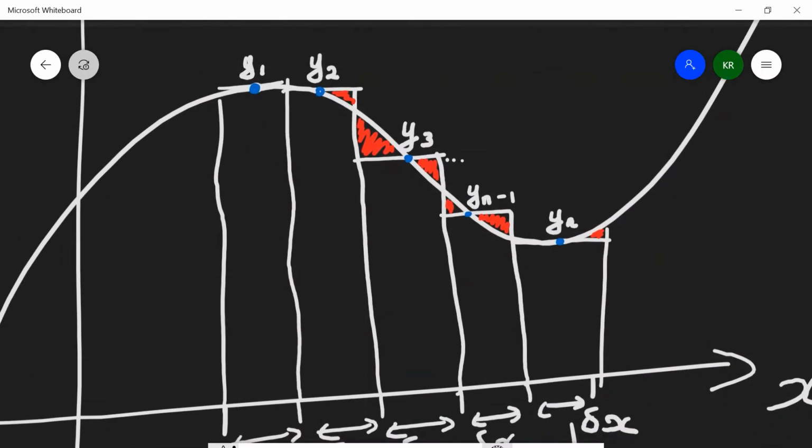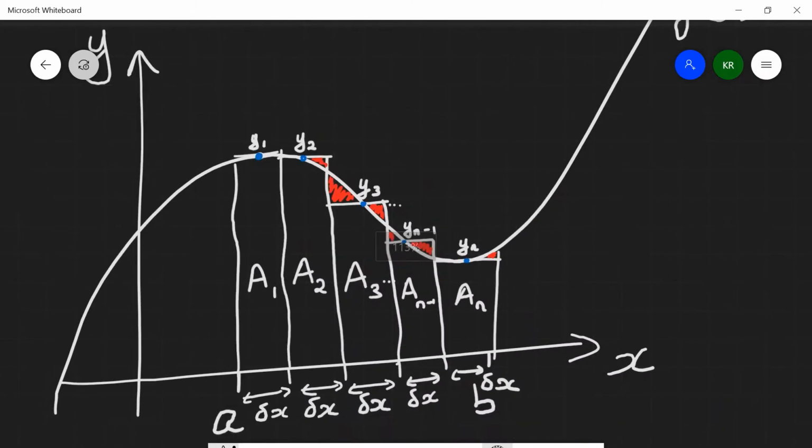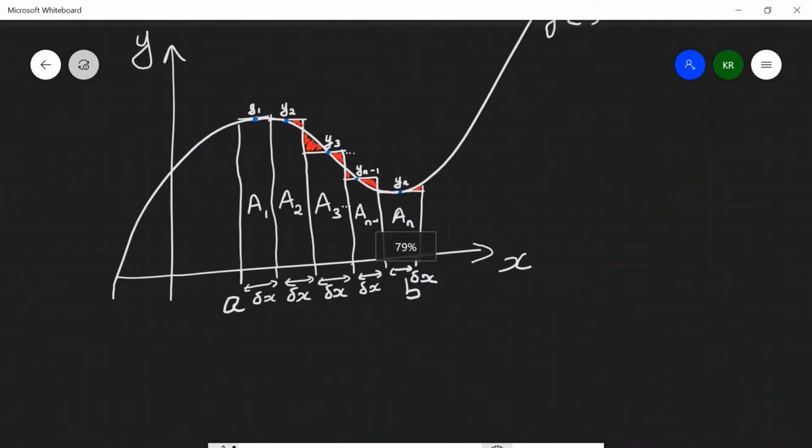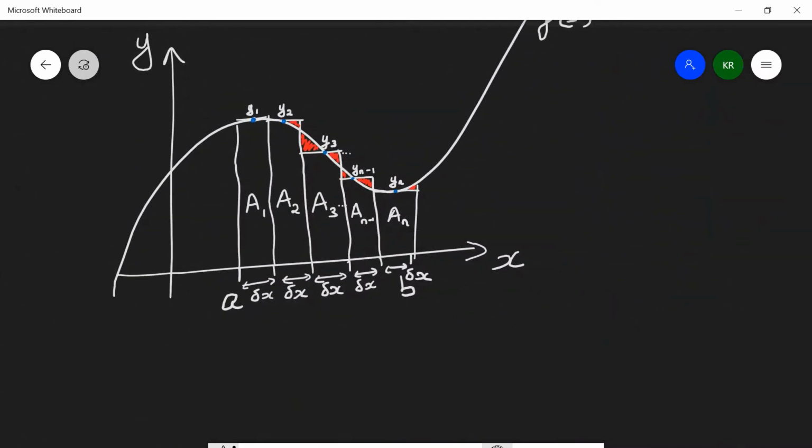And then the area of this rectangle, let's call that a1, and the area of this rectangle a2 and a3, and again we're going to skip a few, and a of n minus 1 and a of n. So I've only drawn 5 rectangles, but in reality there are n rectangles, and we choose n, by the way. N is a value that we choose, and the greater the value of n is, the more accurate the approximation will be.